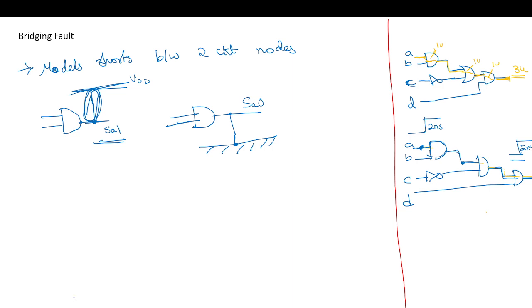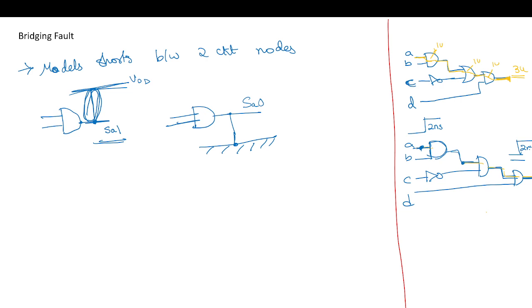So the bridging fault models the short between two circuit nodes. The stuck-at-0 and stuck-at-1 we have already seen before.